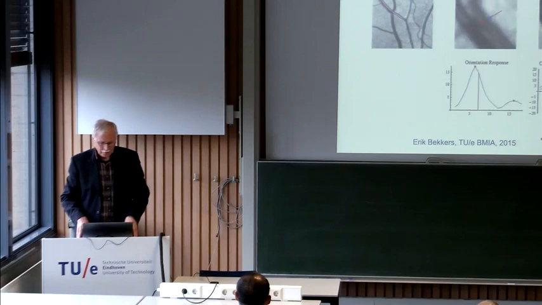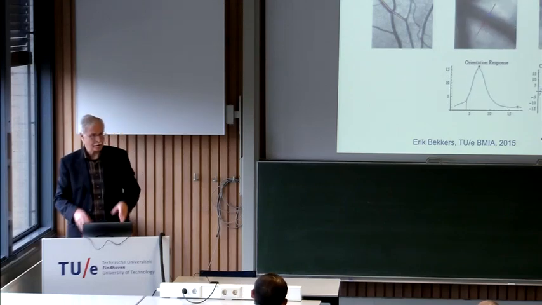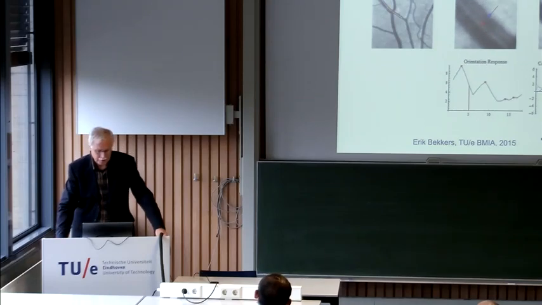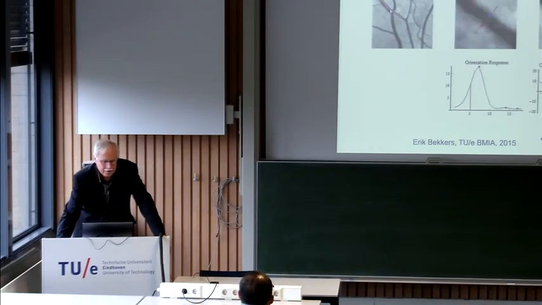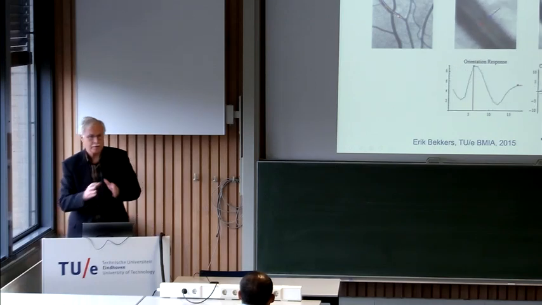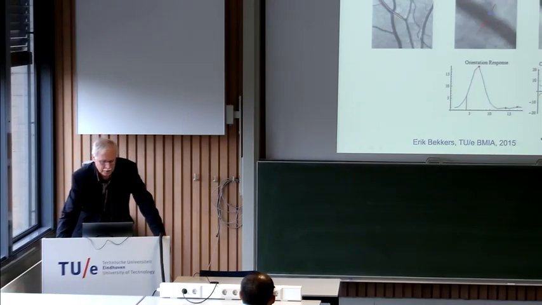And this worked out so well that it solved lots of problems that other people had. If you work with Gabor filters, it didn't work, because if you start looking at, for example, here, the Gabor filter says, oh, this is a wide vessel, so I just change scale, and you detect one big vessel. And you cannot go over these crossings. Well, with these oriented vessels, you can very well go over crossings.